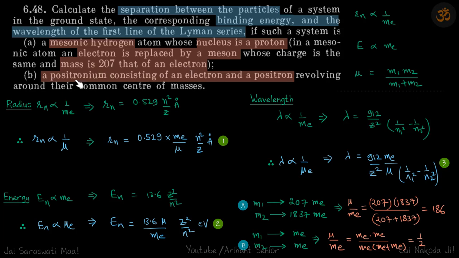And the second case, a positronium consisting of an electron and positron revolving around their common center of mass. Both of them have equal masses but opposite charges. For that system, what will be the distance between them, binding energy and the wavelength of the first line of Lyman series?